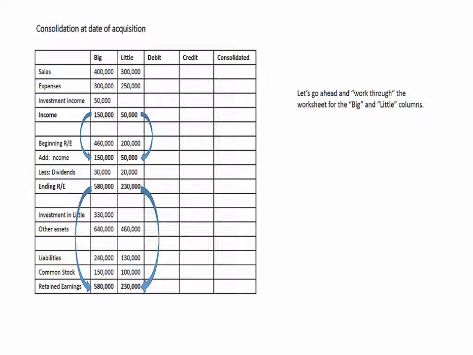We have a $330,000 investment in little, $640,000 in other assets for a total of $970,000. On the credit side, 240 plus 150 plus 580, $970,000. And likewise for little, the total assets of 460 equal the total liabilities and equity of $460,000 as well.